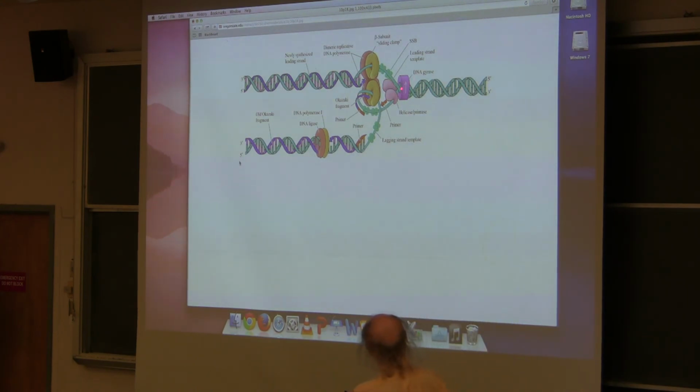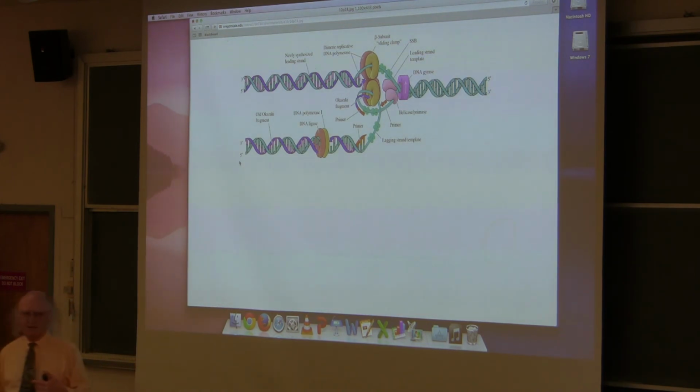And it turns out that we have enzymes ahead of there that relieve that tension. The one in E. coli is called DNA gyrase, G-Y-R-A-S-E. And DNA gyrase is one example of a class of enzymes that we'll talk about later called topoisomerases, T-O-P-O-I-S-O-M-E-R-A-S-E-S.